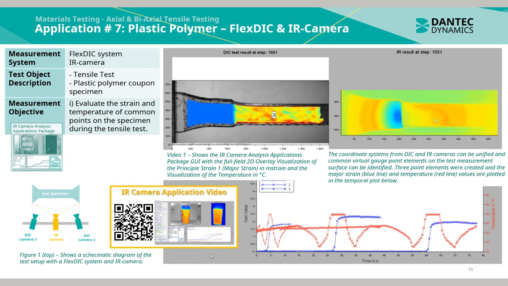The coordinate systems from DIC and infrared cameras can be unified and common virtual gauge point elements on the test measurement surface can be identified. 3 point gauge elements were created, and the major strain, the blue line, and the temperature, the red line, values are plotted in the temporal plot below.